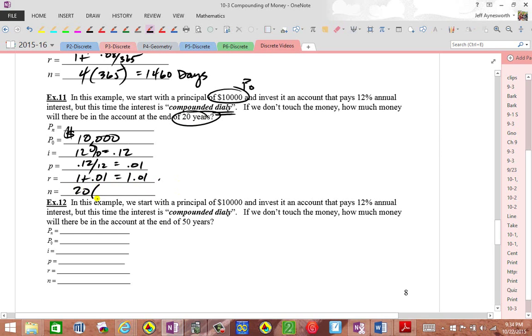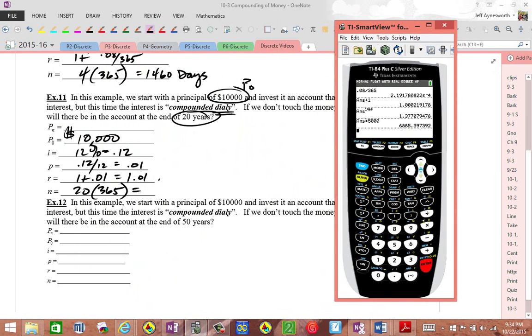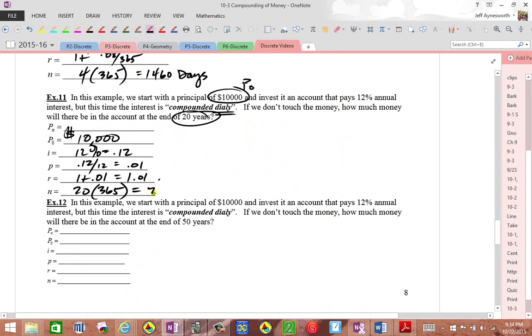So 20 times 365. Holy cow, what in the world is that? So, everybody say, holy cow! Getting a little crazy here because it's getting late and I'm getting tired. 7,300. It compounds 7,300 times, guys.